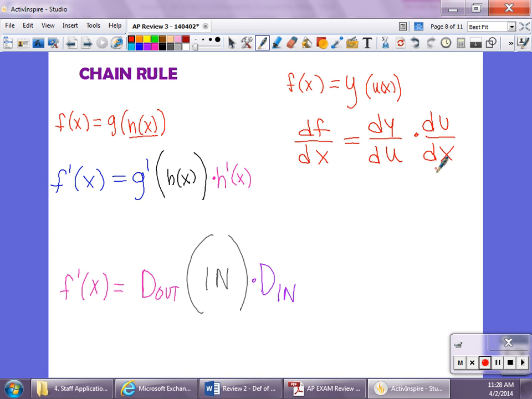I want you to see that because you can multiply differentials. You can actually divide differentials. What happens when you multiply those differentials? You get dy dx. That's why it works.